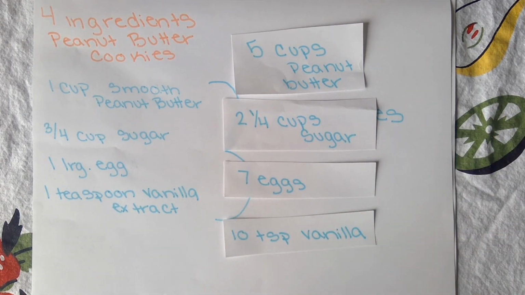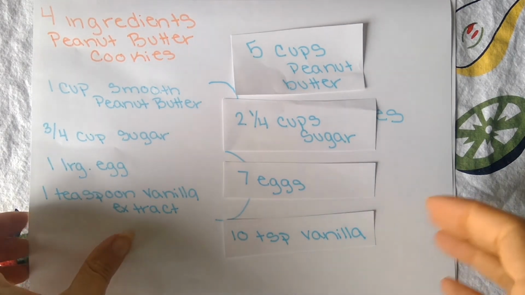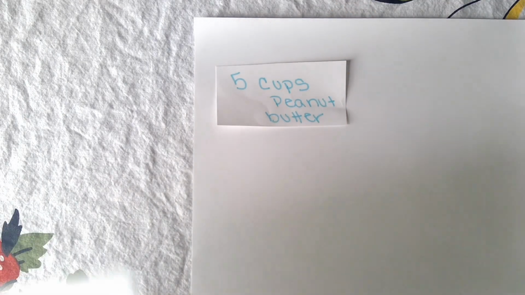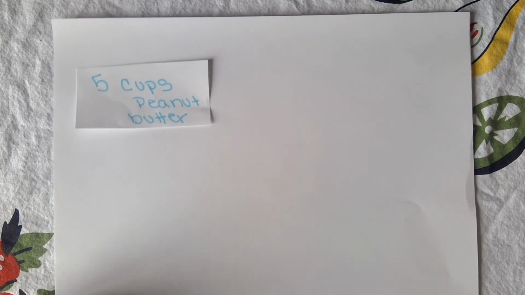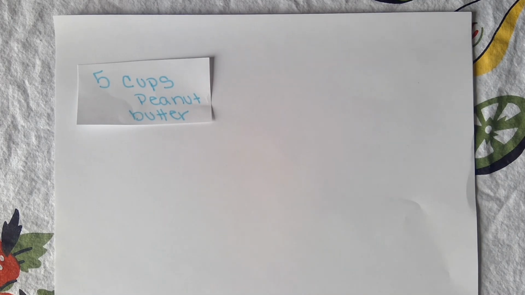So what I need to think about is how many cookies can I create with these ingredients if I want to maximize. So this is what I'm going to do. I'm going to move this off to the side. And let's start with my 5 cups of peanut butter. Well, in my recipe, it says that I need 1 cup of peanut butter for 15 cookies.